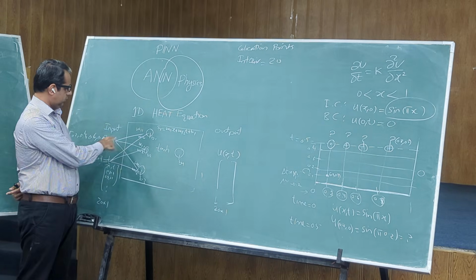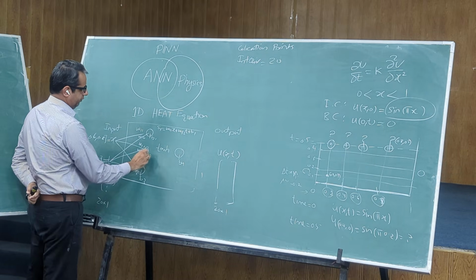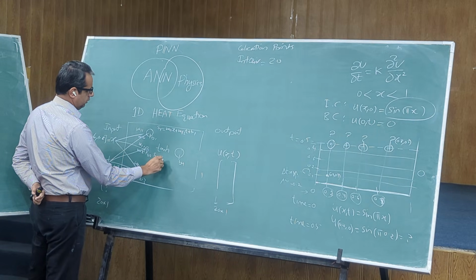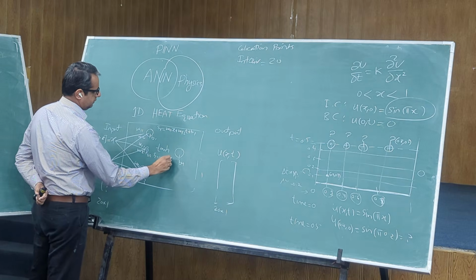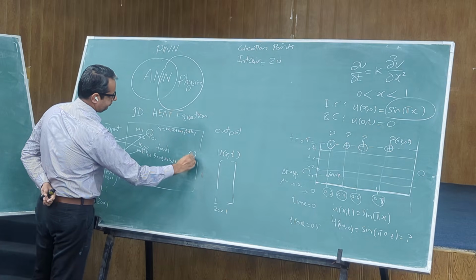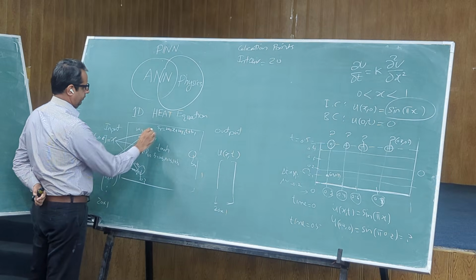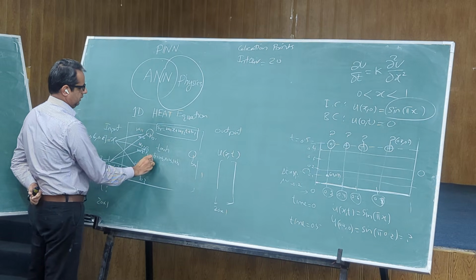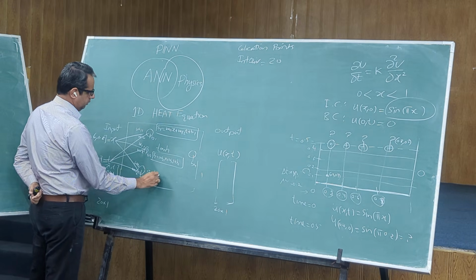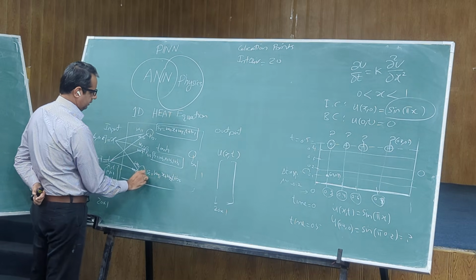This is the output of this neuron before the tanh. And for this one, S2, the neuron output, W21 X plus W22 T plus B2. This is the output of this neuron. And for this one, S3, W31 X plus W32 T plus B3.